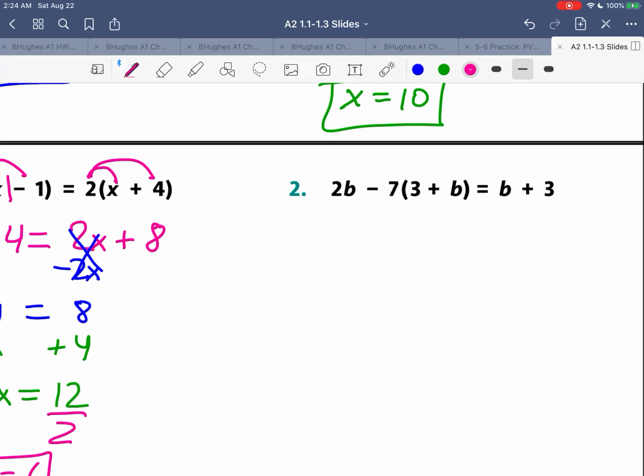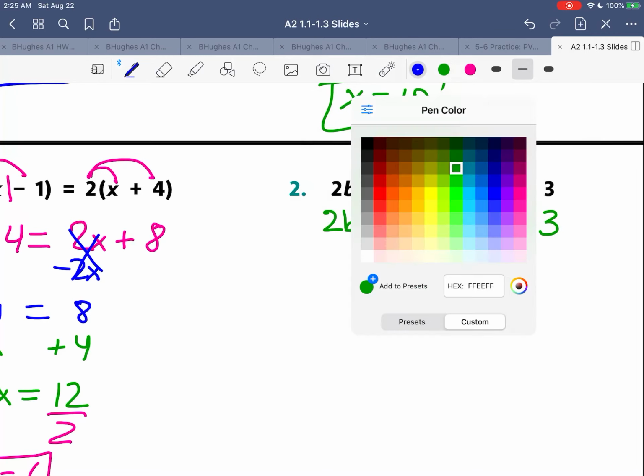Now, on the second one, there's still only one set of parentheses, but I want you to be very careful because it is not 7 that is distributing with those. It is -7. You've got to be very careful of those signs. So I get 2b, -7 times 3 is -21. And -7 times b is -7b.